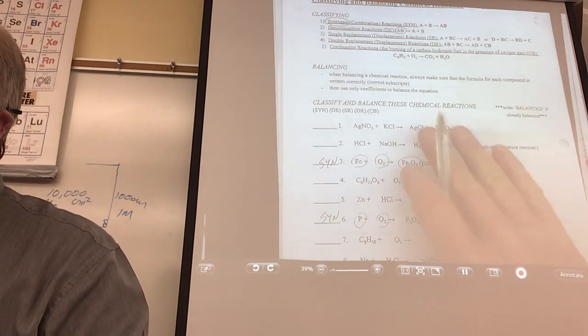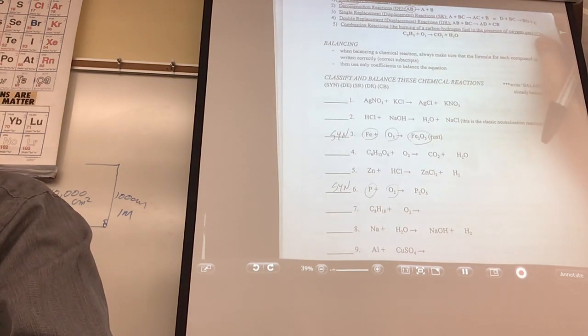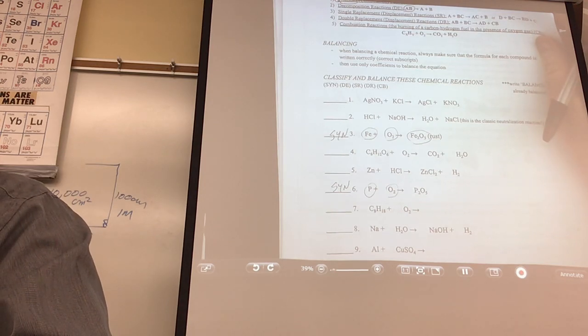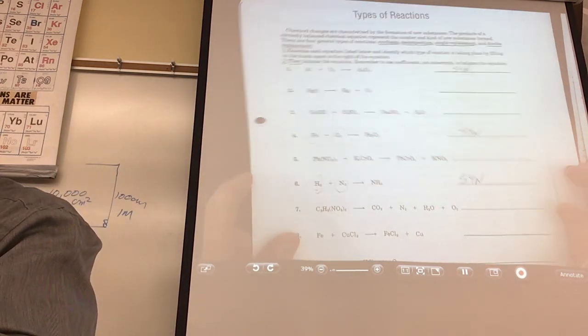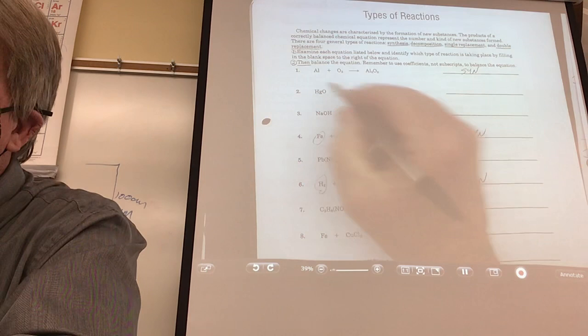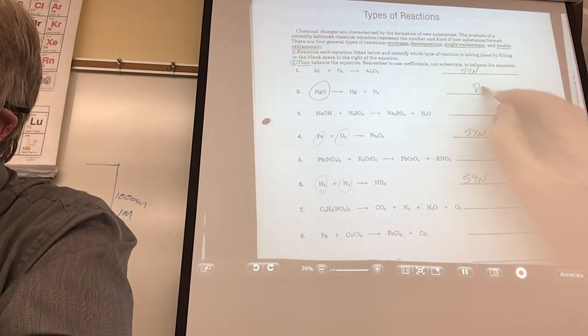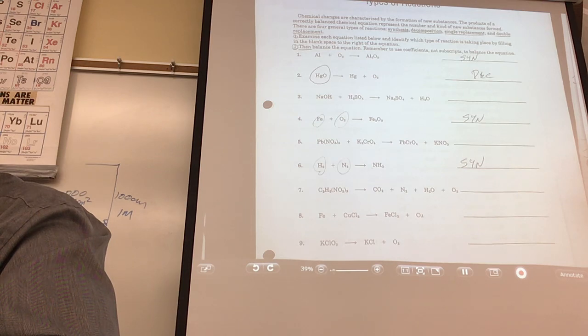All right, find the decomposition on this page. So let's flip to the next page. Anybody have a decomposition over here? 2. Look, only one reactant. Decomposition. Any others? 9.